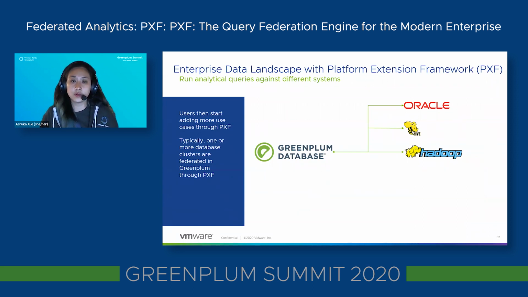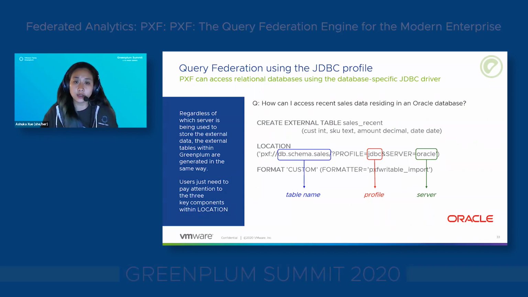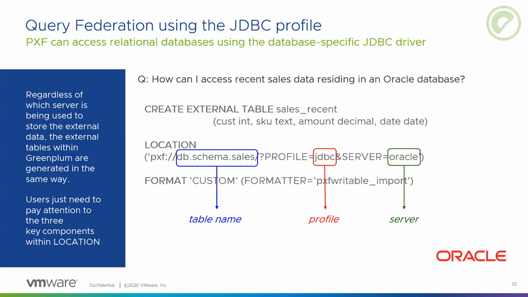So in our example, now that we have Hadoop up and running, we also want to connect to an Oracle cluster, and we can do this through PXF's native JDBC connector. So much like the way that we access external data in Hadoop, we access external data in Oracle in the same manner. We just change the three parts in our location when we create an external table. So in the case of JDBC, we give the table name in Oracle as the path, and we update the profile and server accordingly to have the correct information that we need.